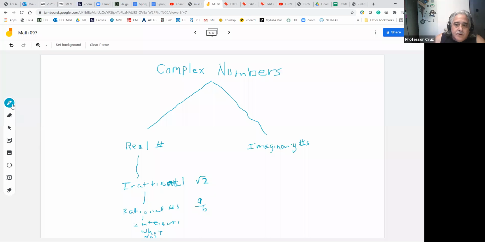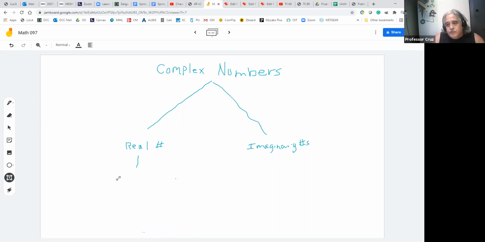I'll tell you what, let me just erase all that and make it a little bit better. I'm just going to type it out with the text thing. So and then we have rational numbers.